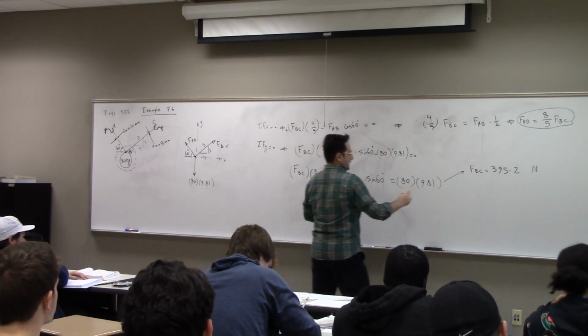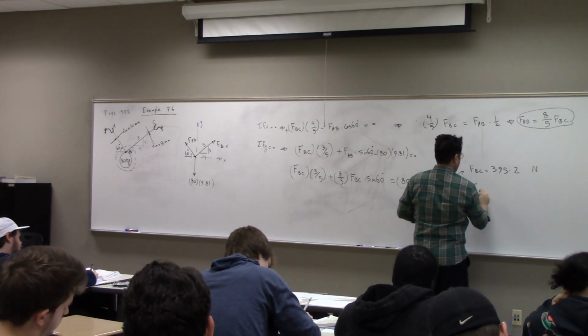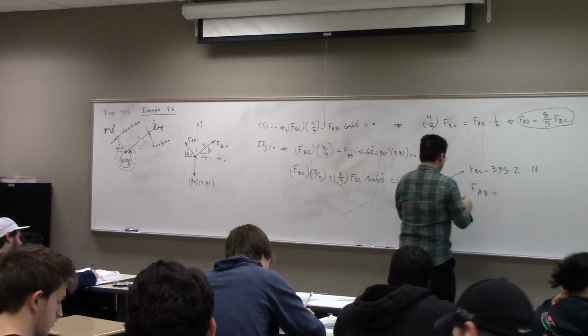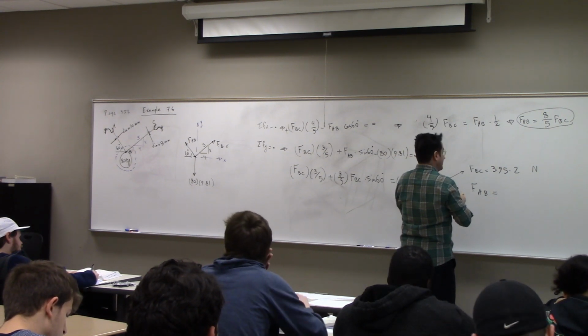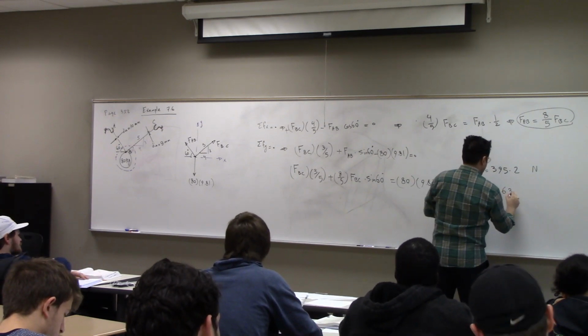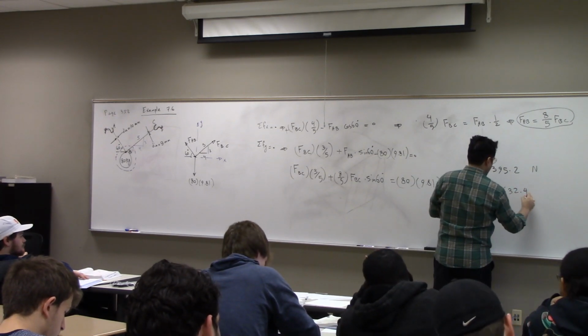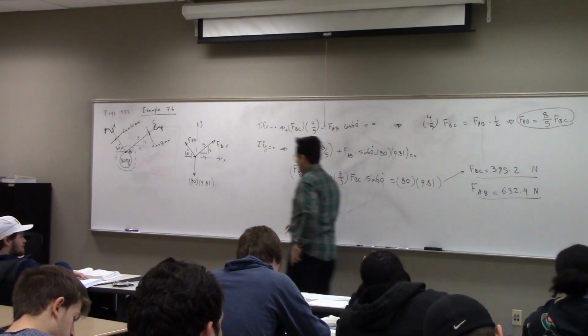Yeah. And then from here we can get FAB, multiply that value by 8 divided by 5, 632.4. Please double check on the results.